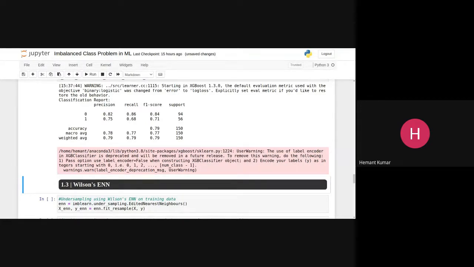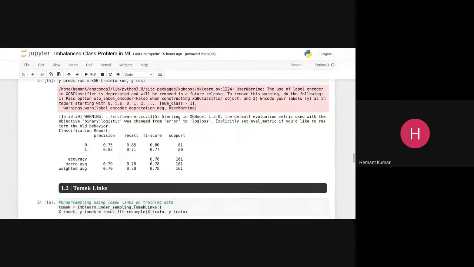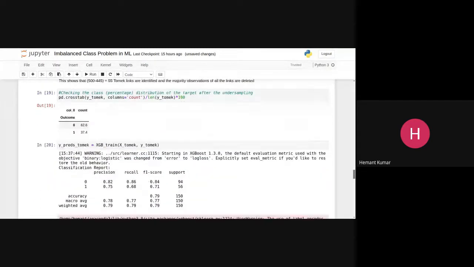It is 0.57, 0.72 and 0.64. Again, it generates a higher F1 score, 0.64 to 0.71, and here the precision is higher. For the random undersampler, the precision is 0.83 and the F1 score is 0.77. So this is for the Tomek links.